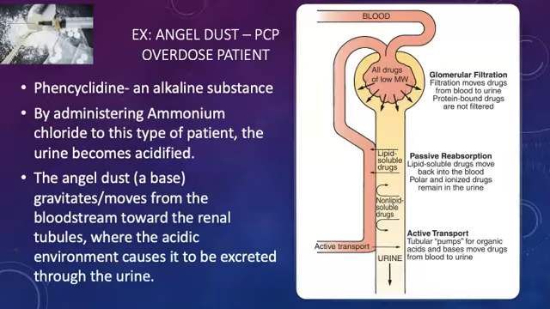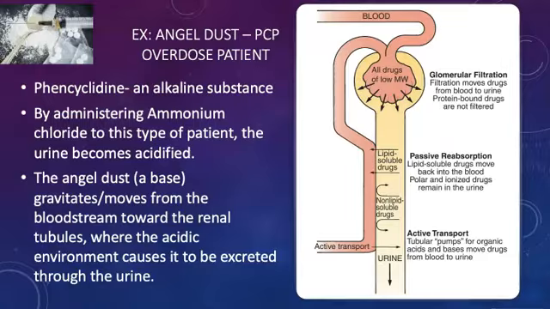So I want you to think for a moment about angel dust, or PCP, phencyclidine. It's a very basic, alkaline substance. What I really want you to see here is that there's a picture of the nephron. It's got everything to do with how we're going to remove these toxic substances.